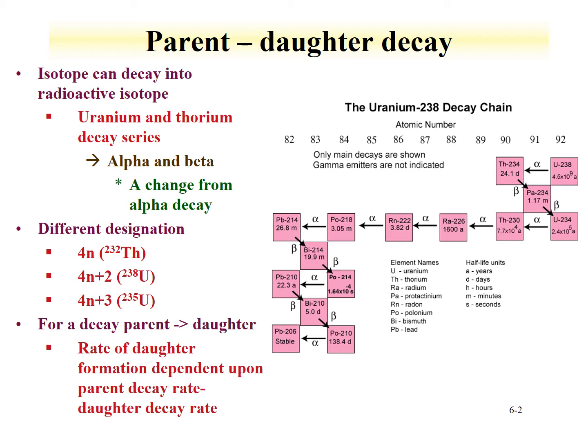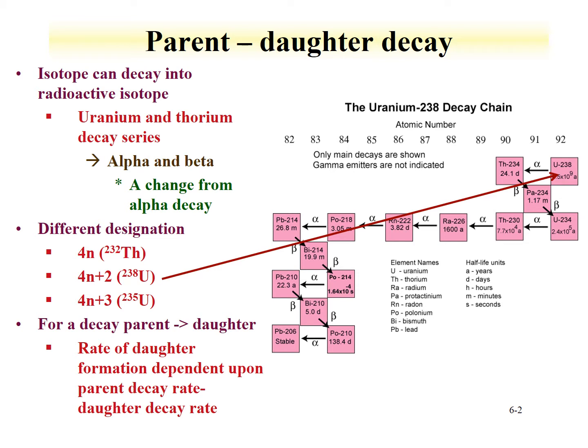The thorium-232 is the 4N, the 238 is the 4N plus 2 series. All the mass numbers are some factor of 4N plus 2, since we either decay by beta, in which A does not change, or alpha, in which A changes by 4.